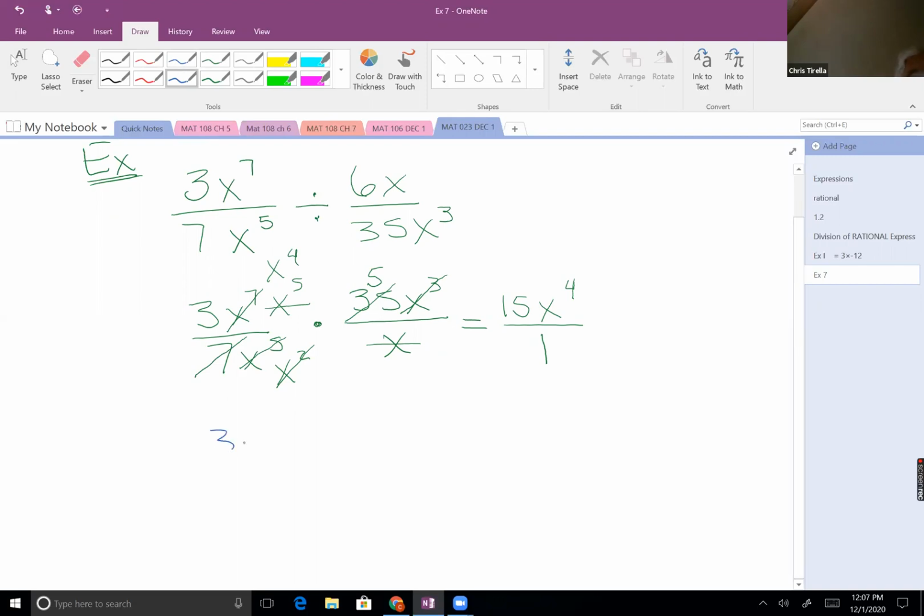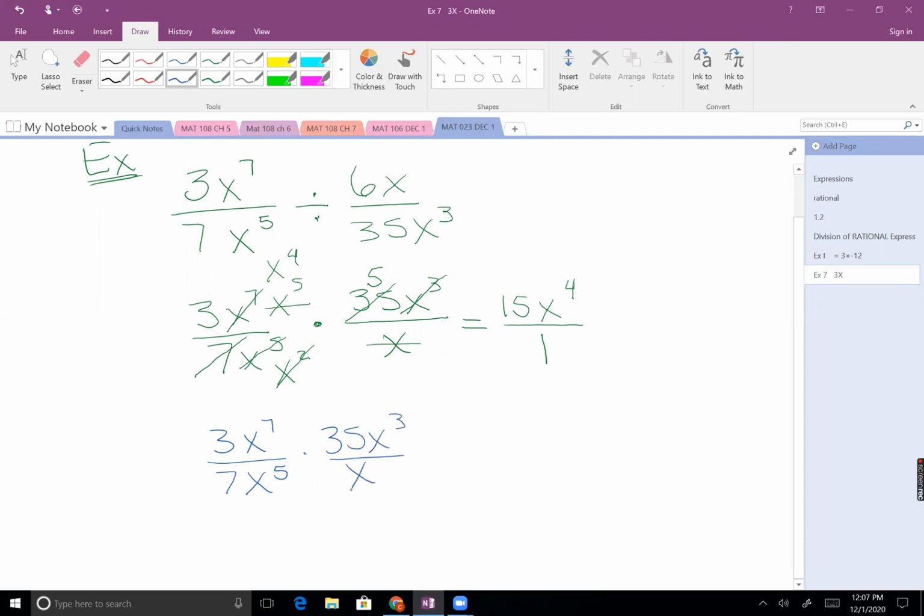So let's go through and also do this one the other way. I just ask you a quick question. Sure. Is the common factor between the 7 and the 35 not 7x cubed? Oh, you could take out the 7x cubed at the same time. You can do it all at once.